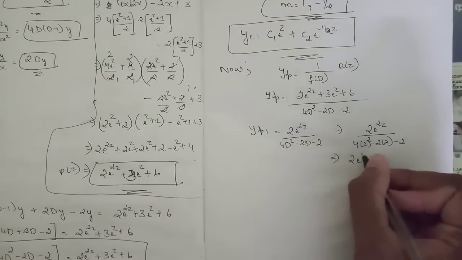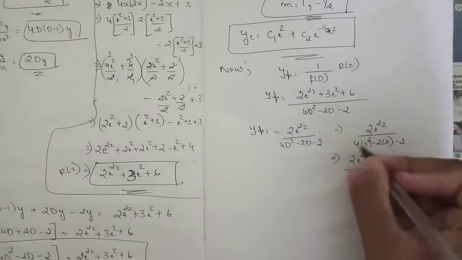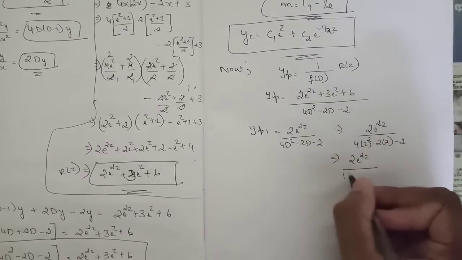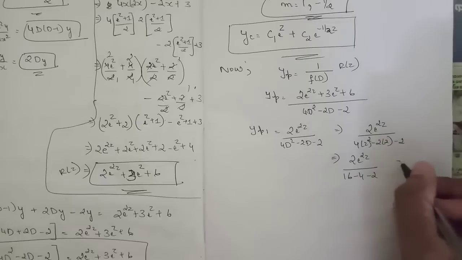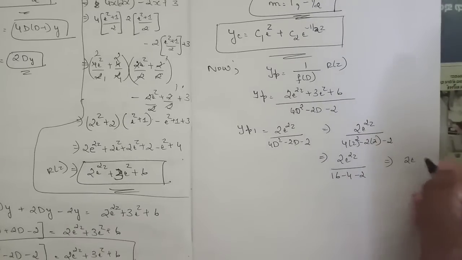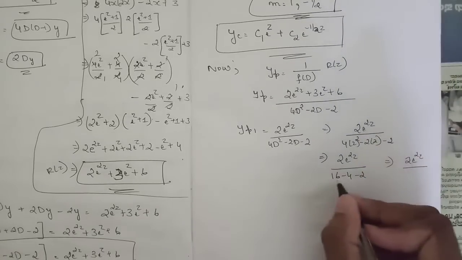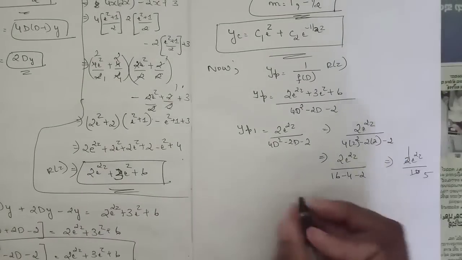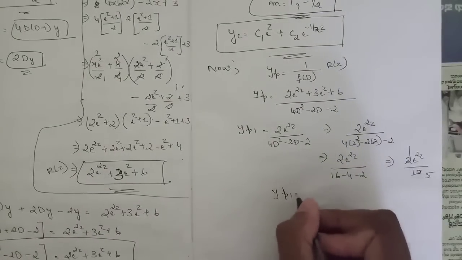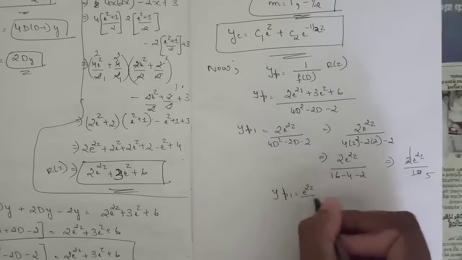We get it as 2 e power 2z divided by, 2 square is 4, 4 4s are 16, 2 2s are 4, minus 2, we get 2 e power 2z divided by 16 minus 4, 12 minus 2 is 10, 2 1s are 2, 5s are, so we finally get yp1 as e power 2z by 5.